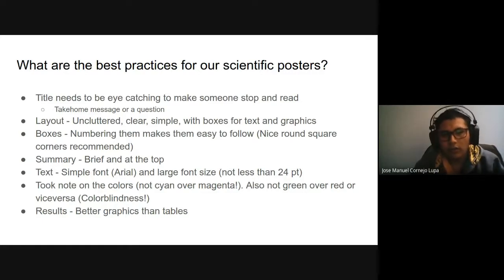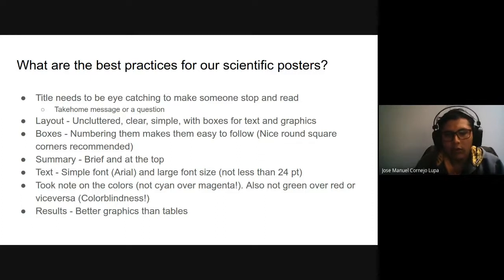First, the title needs to be eye-catching to make someone stop and read, obviously, because we want researchers to look at the poster and communicate with them. The layout has to be uncluttered, clear, simple, with boxes for text and graphics. It's good practice to number the boxes to make them easy to follow.